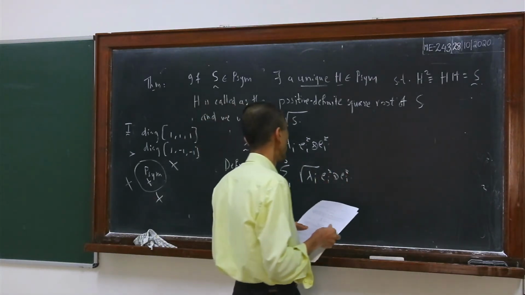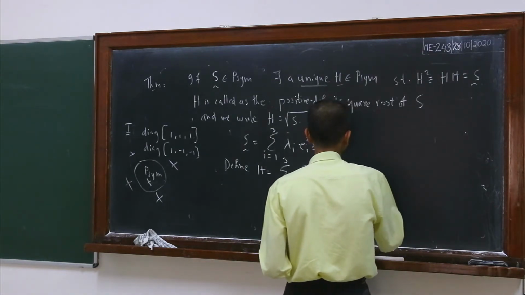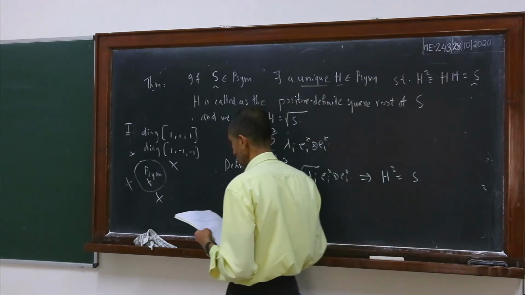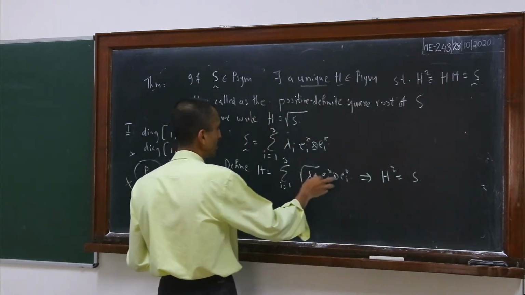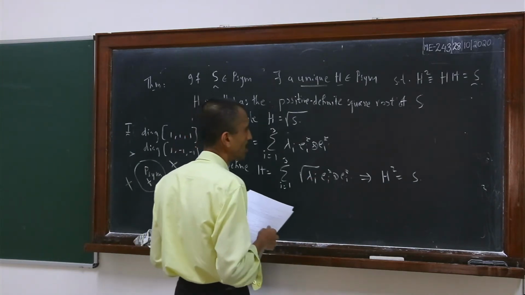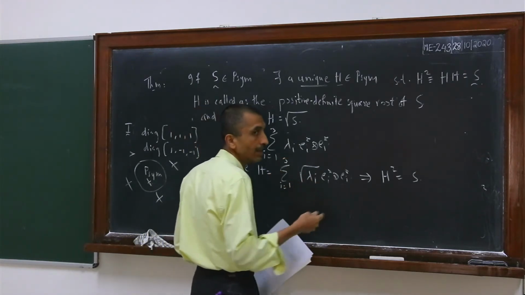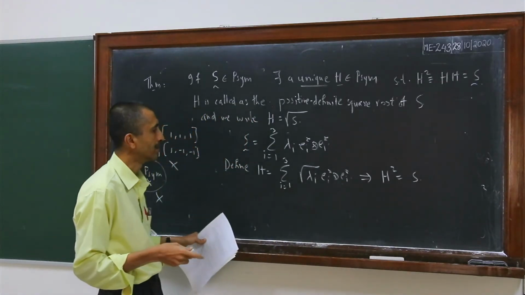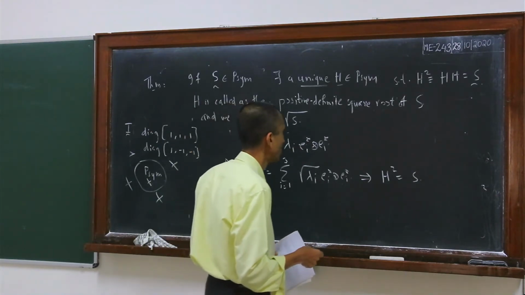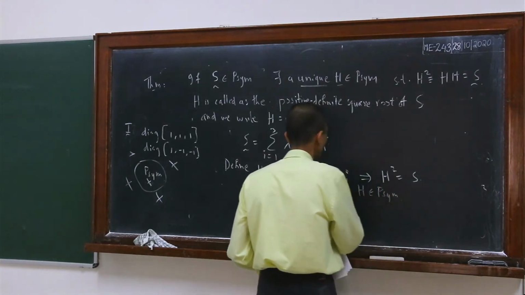So this implies that H square is equal to S. Clearly this is a square root of S in this sense, that H square is equal to S. It is also positive definite, because if lambda i's are positive, then the square root of lambda i is also positive, and hence the eigenvalues are positive. So H belongs to Psym, because the eigenvalues are positive and it is symmetric.